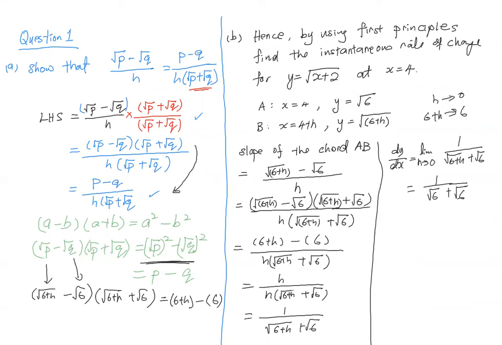Can I know, how many square root of 6 are there at the bottom? Raisa? Square root of 6, 1 square root of 6 plus another 1 square root of 6. Total, how many square root of 6?